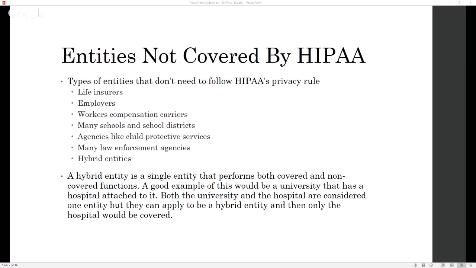That can give them more opportunities through education and things like that, where HIPAA isn't so much a block, and it protects them in different ways. So the hospital would be covered and the university would not, even though they are in actuality a single entity, which is a hybrid entity. Next slide.